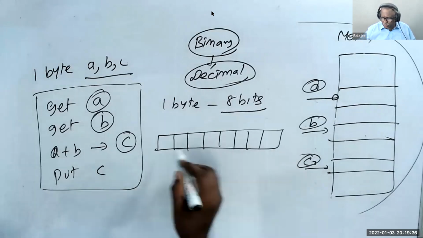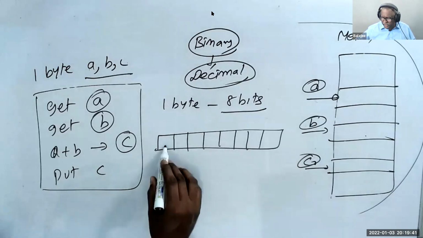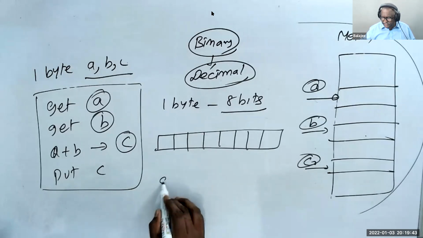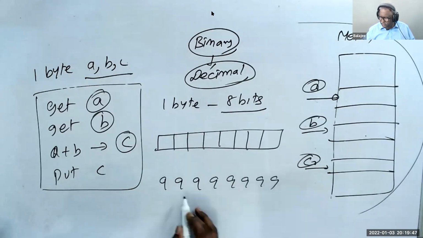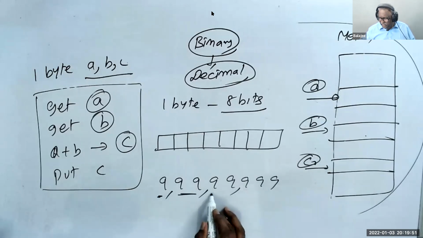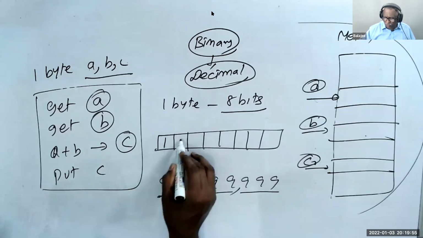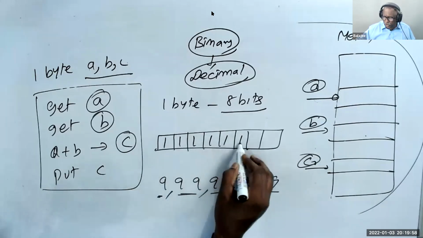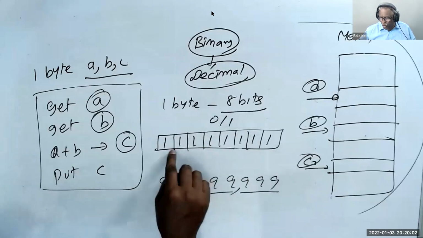That means I can store any number here. In decimal, if you put 8 digits, you can store a maximum of 99,999,999, that means 9 crore, 99 lakh, 99,999. Here, all will be 1s in binary because you have only 0 and 1. So we store all 1s.